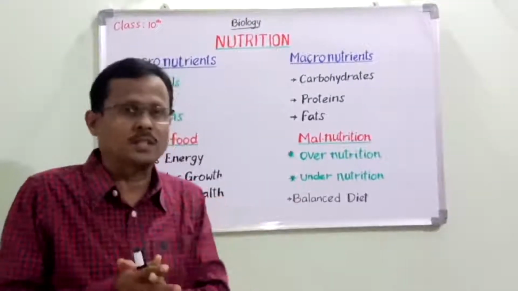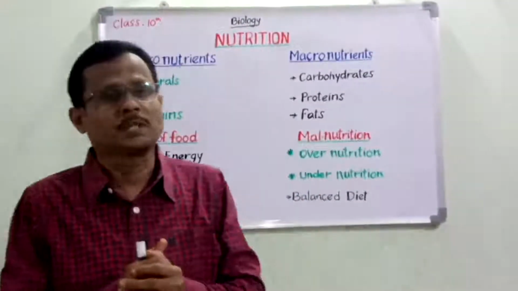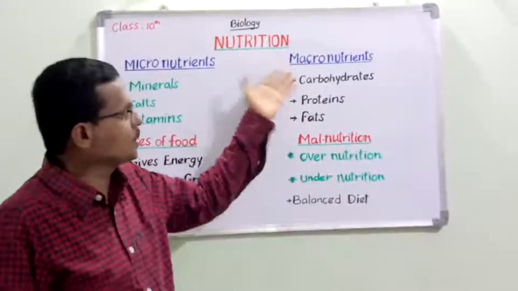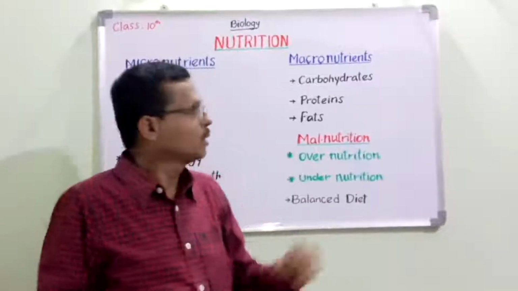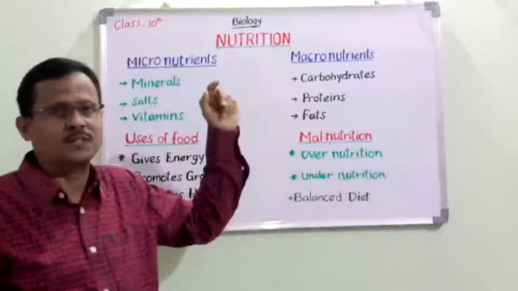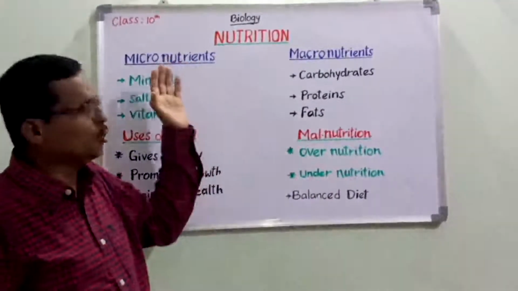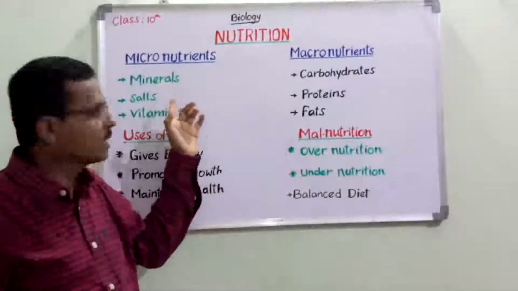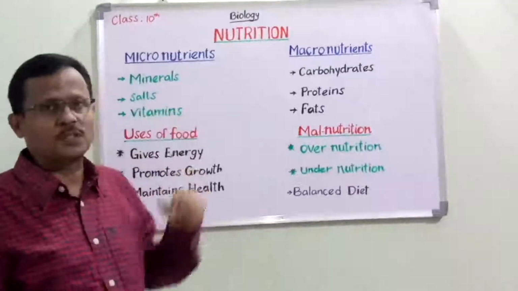Macronutrients, as the name suggests, are required in very large quantities in our diet. These constitute carbohydrates, proteins and fats. Then micronutrients, the second category, are the minerals, salts and vitamins.